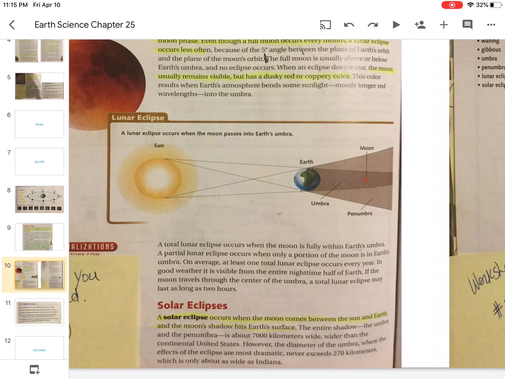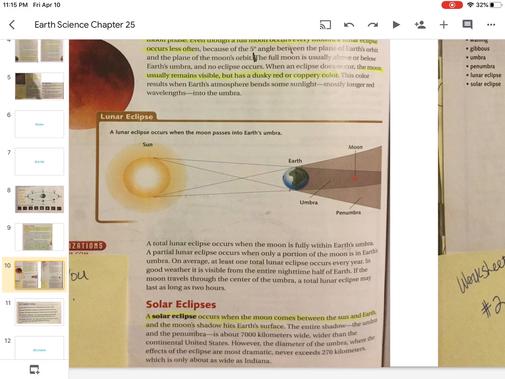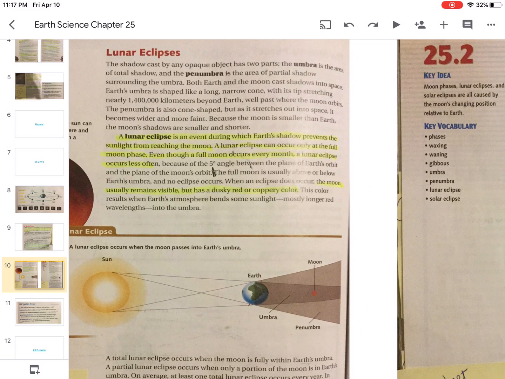A solar eclipse occurs when the moon comes between the sun and Earth and the moon's shadow hits Earth's surface. Then a lunar eclipse is an event during which Earth's shadow prevents the sunlight from reaching the moon. A lunar eclipse can occur only at the full moon phase. Even though a full moon occurs every month, a lunar eclipse occurs less often. The moon usually remains visible but has a dusky red or coppery color.